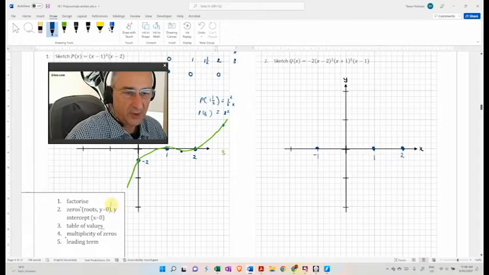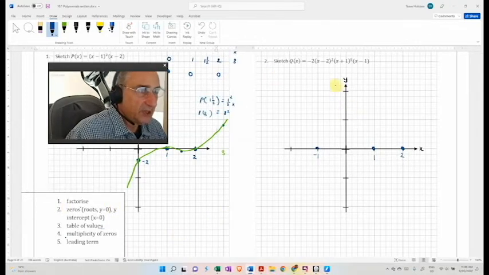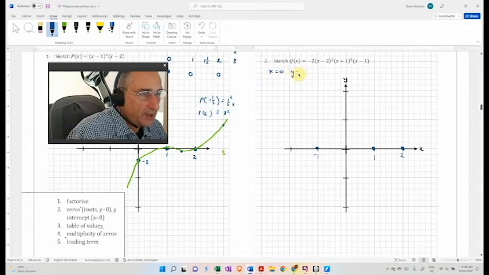Okay, and the next value we want to look at is the y-intercept. So when x equals 0, y equals minus 2 times minus 2 squared times 1 to the 5th times x equals 0 minus 1.